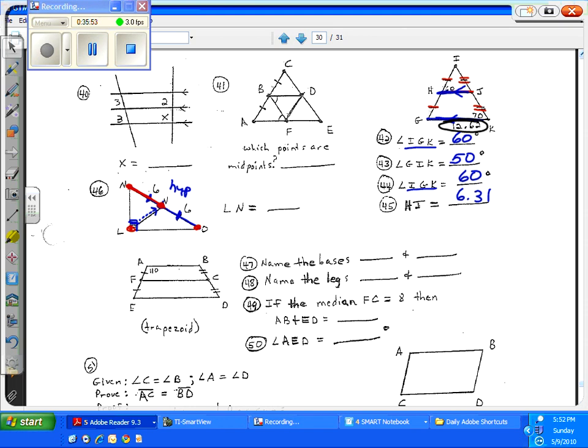So from that midpoint to this vertex, from the midpoint to this vertex, and from the midpoint to this vertex is all the same. So if this is 6, this is 6, and this is 6. So LN is 6. Any questions on number 46?